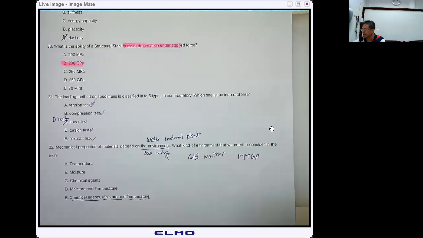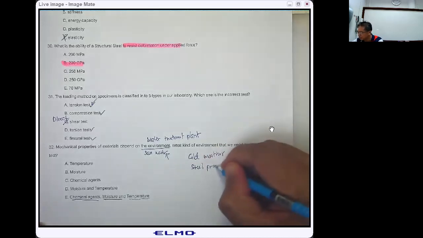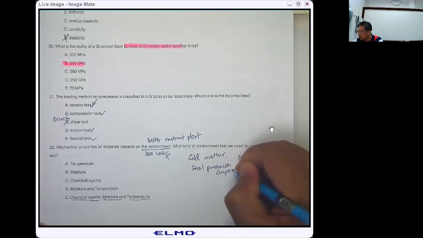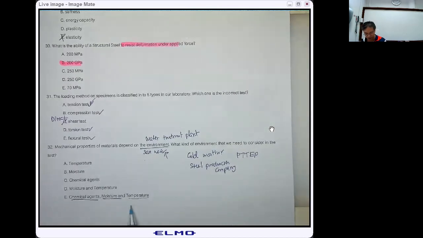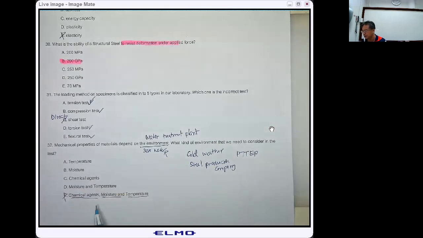Or if you work in a steel production company, the material may be subjected to the high temperature. So when we talk about the environment, we talk at least about the chemical agent, the moisture, and the temperature. We consider all this as specified in the PowerPoint.